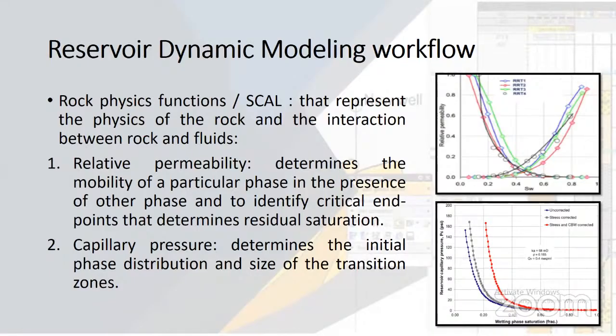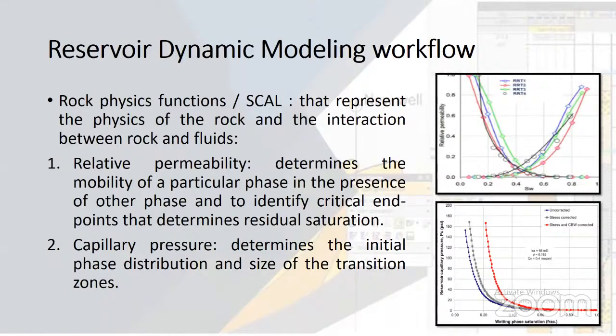So also, you should consider the importance and the accuracy of the capillary pressure in the dynamic modeling, okay? If we have several capillary pressure curves from different plugs, you will do normalization to have just one curve for capillary pressure that will represent all the reservoir cells.